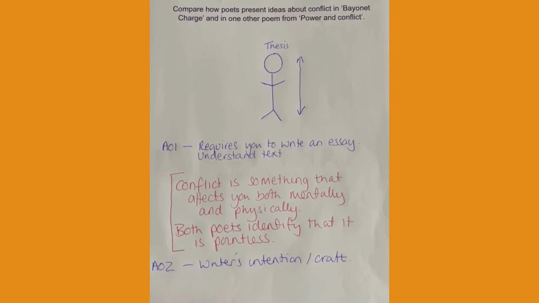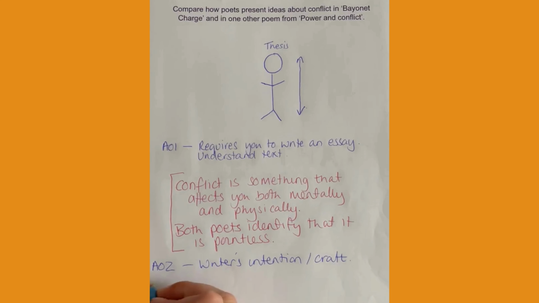We need to remember all the time that these texts are constructs. They are not real life. They are something that someone has put together, and therefore we have to understand them in that way, that the words are put in specific places, that the punctuation is put in specific places.